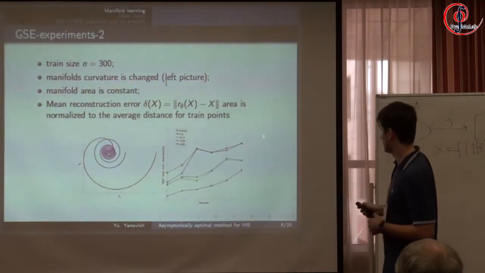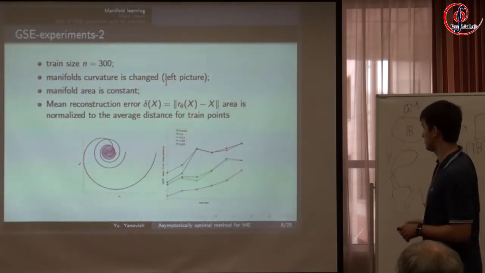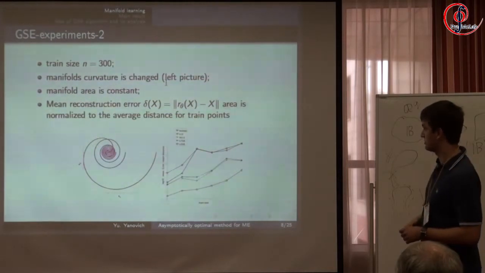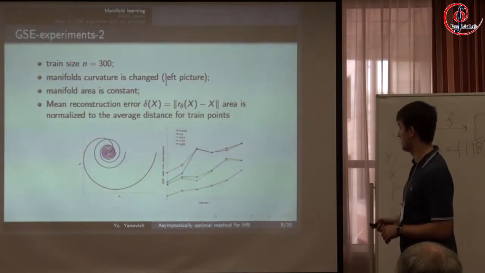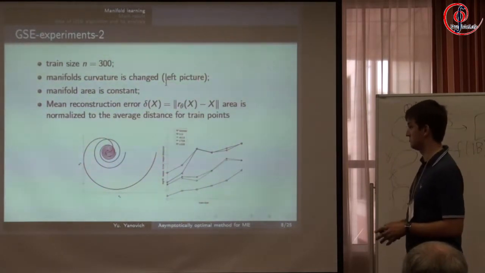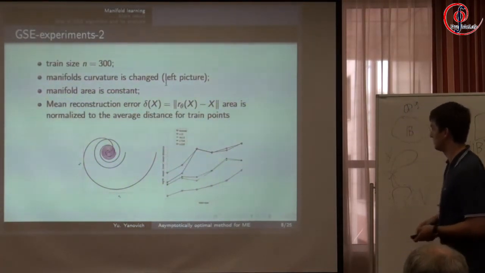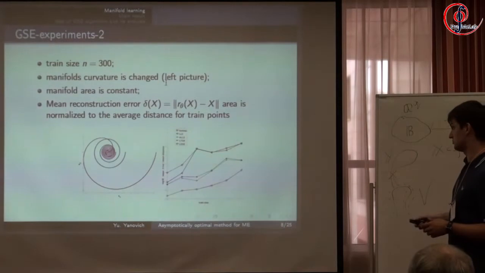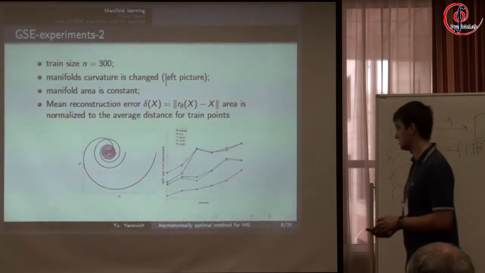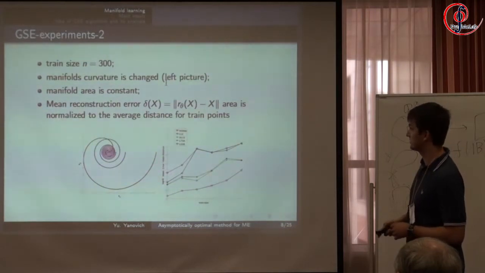For more complex manifolds, the condition about having no short circuits is not true, so all algorithms provide a bad solution. It is impossible for such complex manifolds and a small training size to estimate even tangent spaces for this manifold using the algorithm.